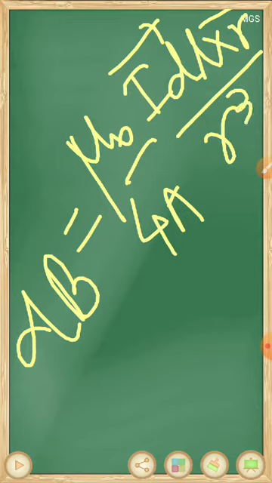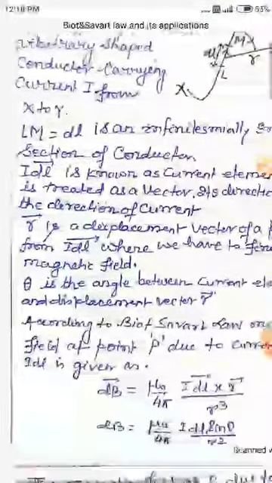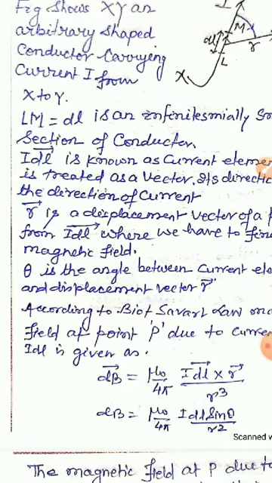So this expression gives us the magnetic field at point P due to elementary element LM of the current carrying conductor. When we write magnitude only, then we can write it as mu naught by 4 pi, I dl sine theta by r square. One r gets cancelled.